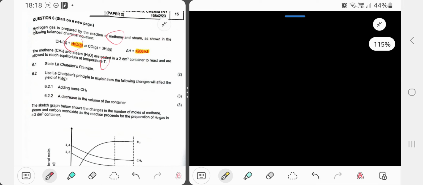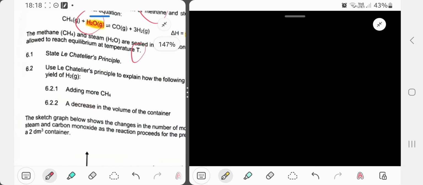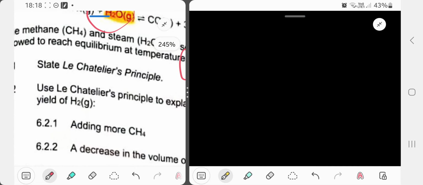After stating Le Chatelier's principle, let's go to 6.2. It tells us that we should use Le Chatelier's principle to explain how the following will affect the yield of H2. Yield means basically what concentration of something is produced, or the number of moles of something that is produced.